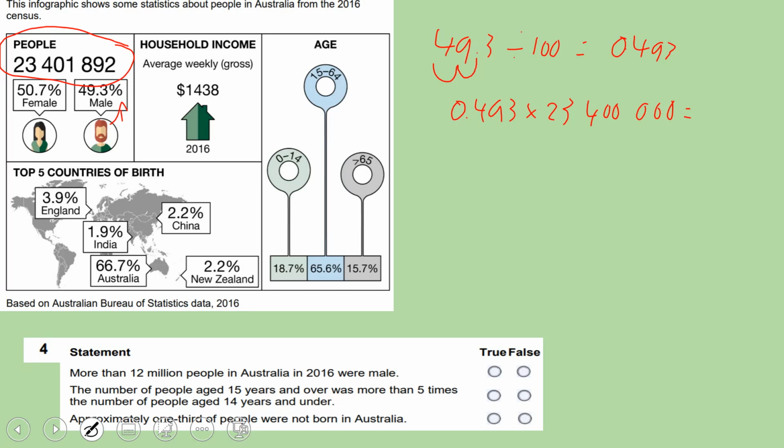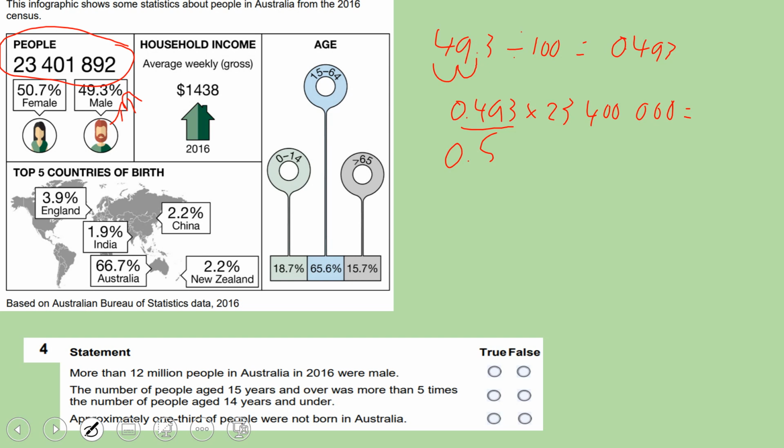Now I've only put the rough 23,400,000 there, but you'll be able to see that it will end up being less than 12 million. And also just a very rough thing to maybe help you in future for questions like this. This number here is obviously very close to 0.5, just like that number there is very close to 50%. 50% is half.